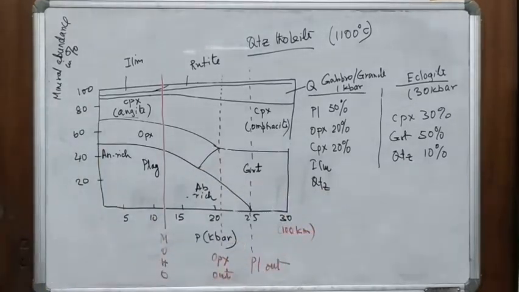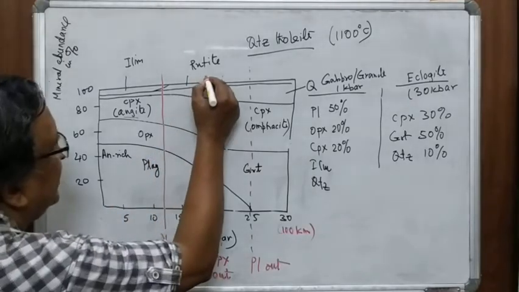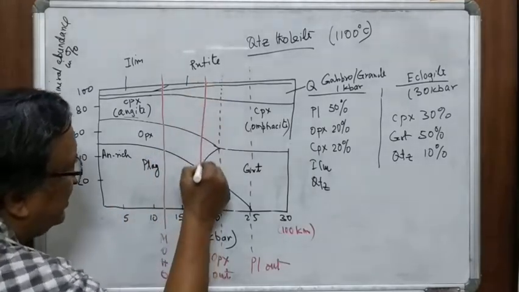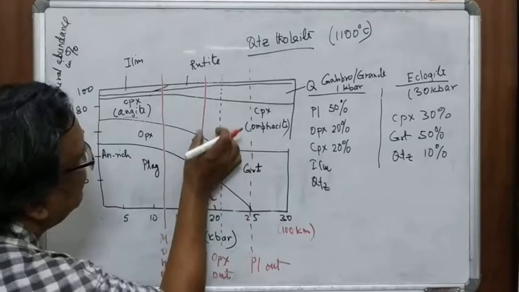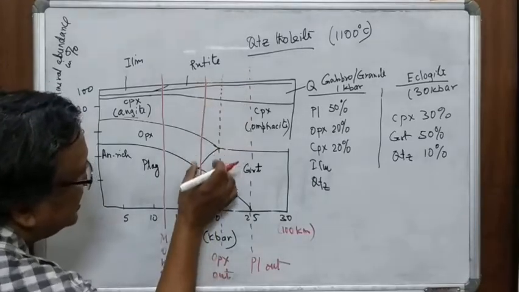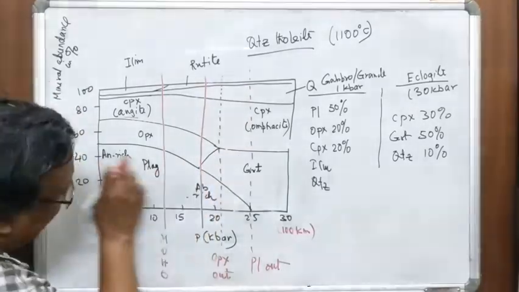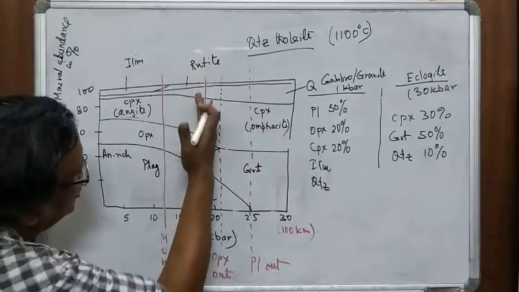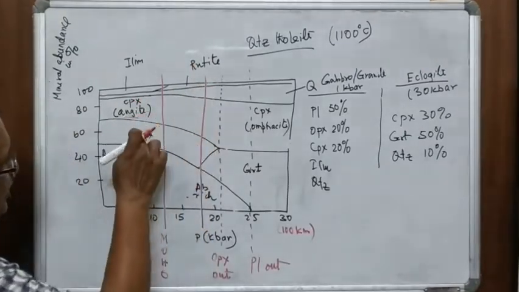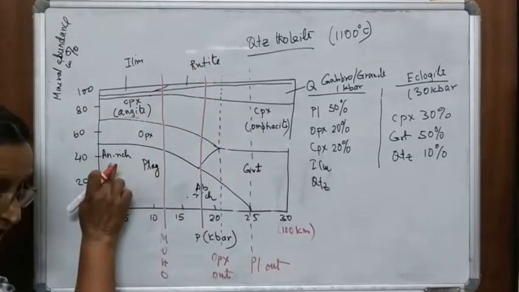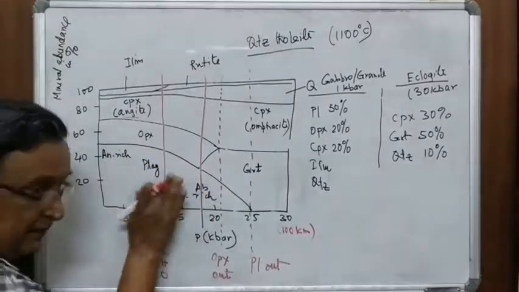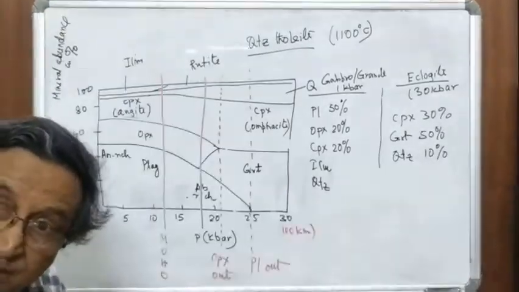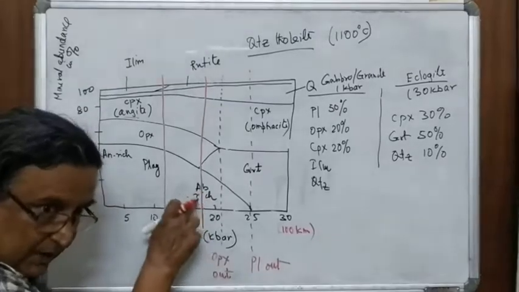So if I draw another line here, this is where the garnet comes into play. At lower pressure there is no garnet. You get clinopyroxene, augite, plagioclase. This is anorthite rich. And as we move, the plagioclase content decreases, and the plagioclase becomes more albite rich.